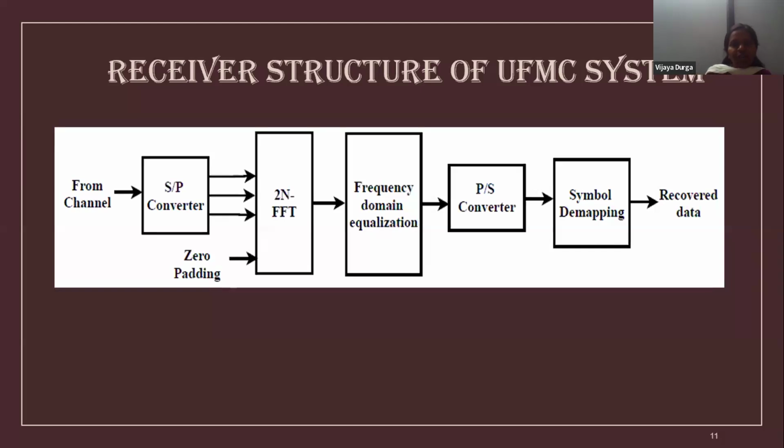Here you employ a 2N FFT to get the effective data. After that, you can use frequency domain channel estimation and equalization techniques to get our signal, and then apply the demapping. That means if you are using QAM, you apply QAM demodulation, and if PSK, PSK demodulation. Finally, you can recover the data. This is the transmitter and receiver structure of the UFMC system.